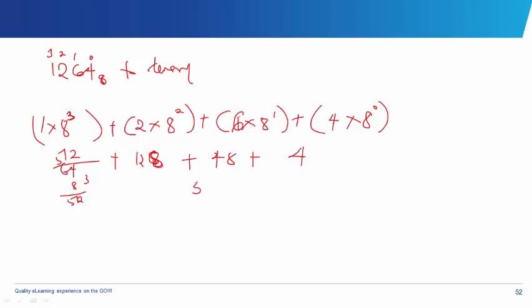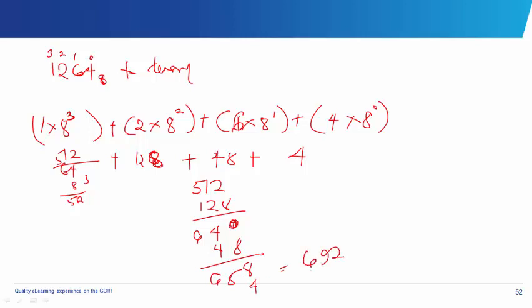So we'll have 512 plus 128. That will give us 640. Then plus 48 will give us 688. And plus 4, that will give us 692 to base 10. So that is our answer.